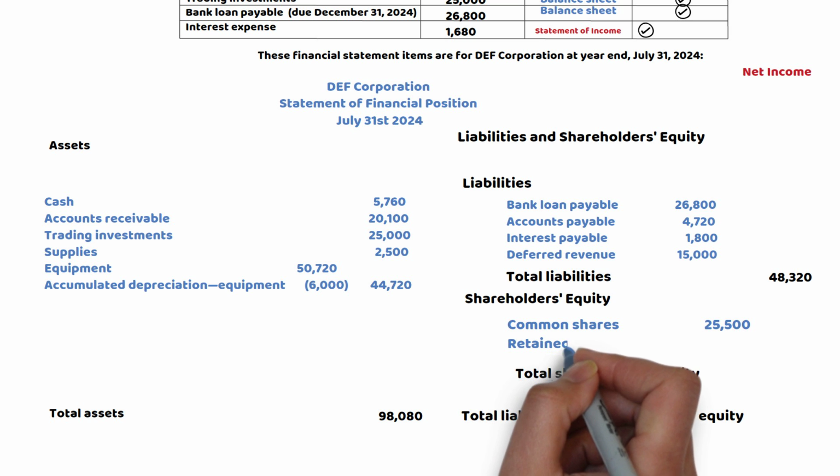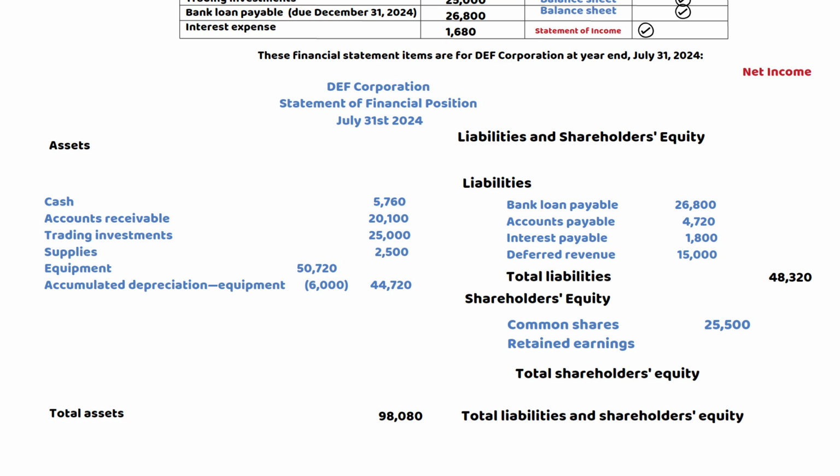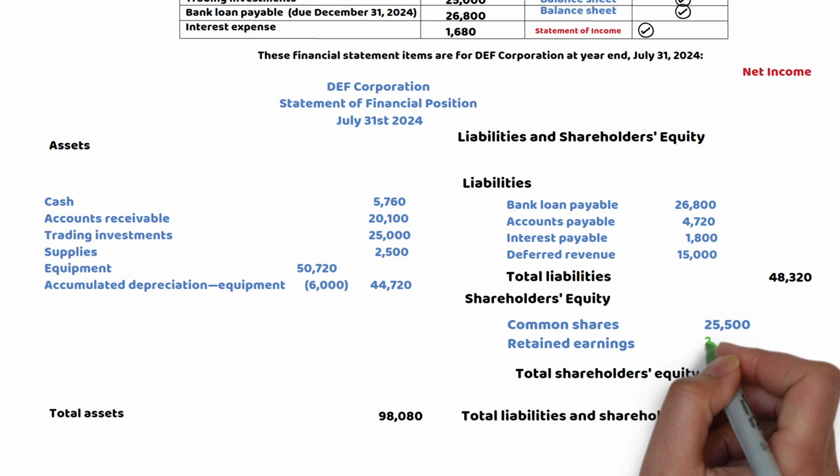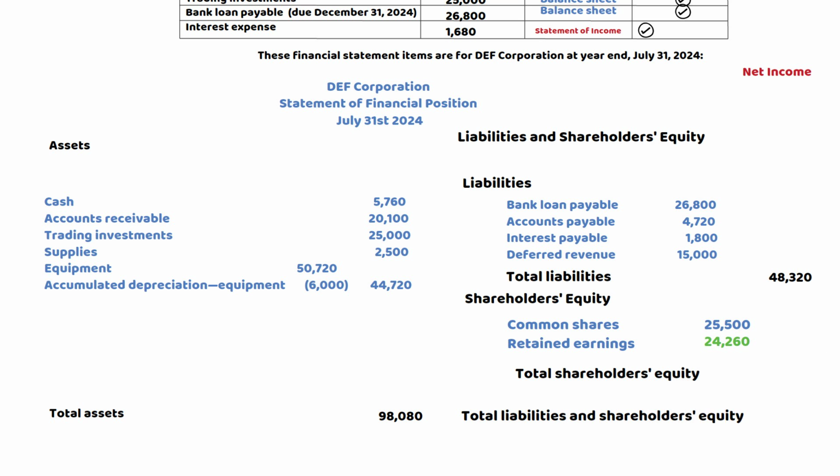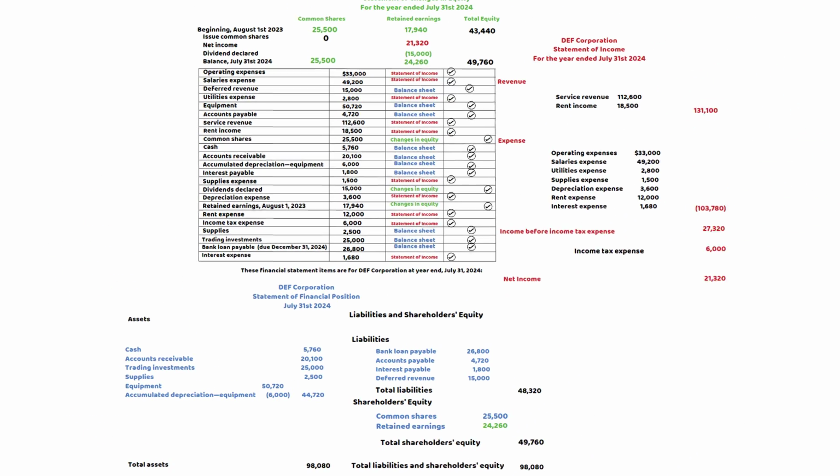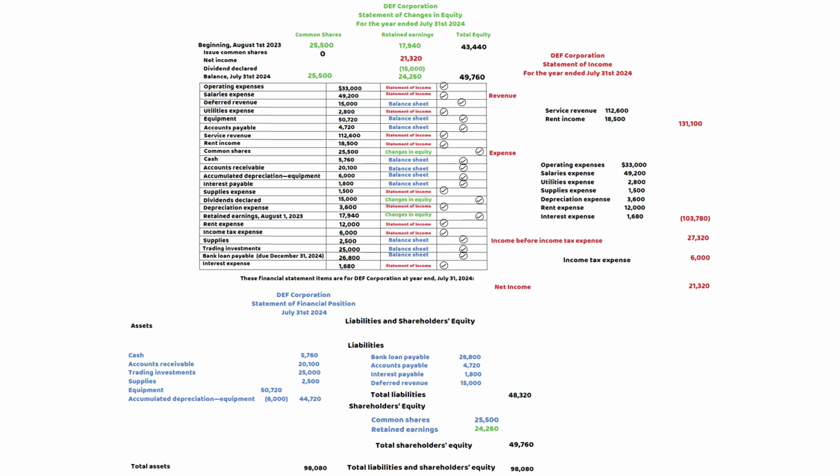Common shares 25,500. The retained earnings ending balance is calculated from the last statement, 24,260 from the statement of changes in equity. Together, total shareholders' equity is 49,760. Together, liabilities and shareholders' equity are $98,080, which equals the total assets.